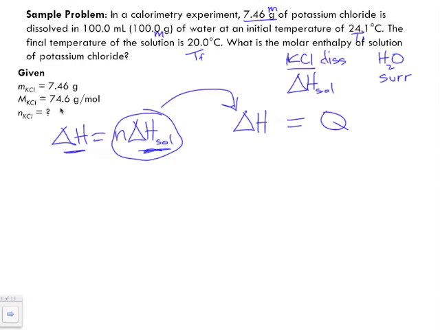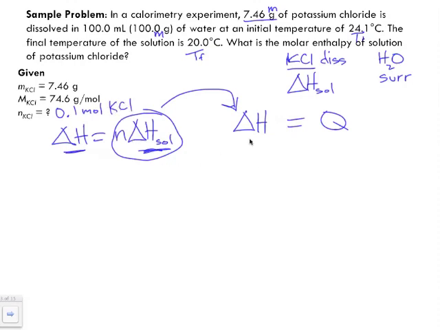So to do that, if we divide these actual two values, mass divided by molar mass, we are going to get a value of moles, which is 0.1 moles of KCl. Okay.